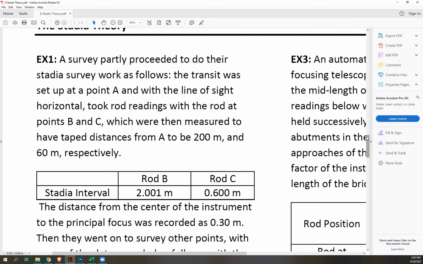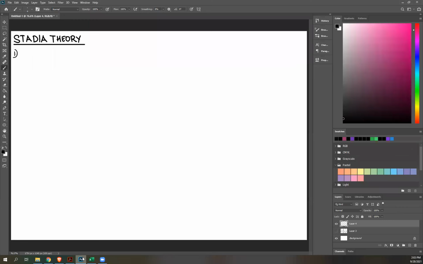Let's draw that. Okay, so horizontal line of sight, therefore, let's take this as my Stadia.